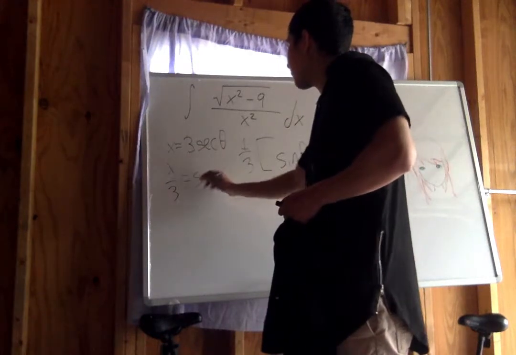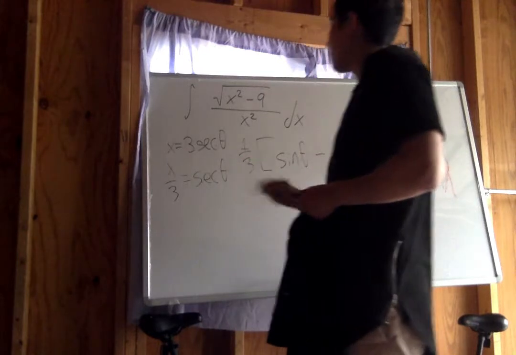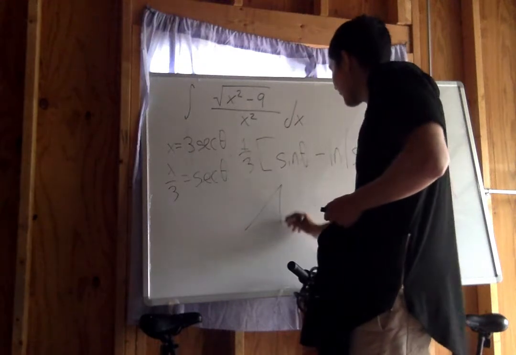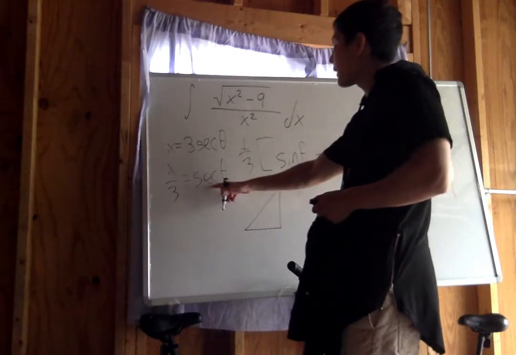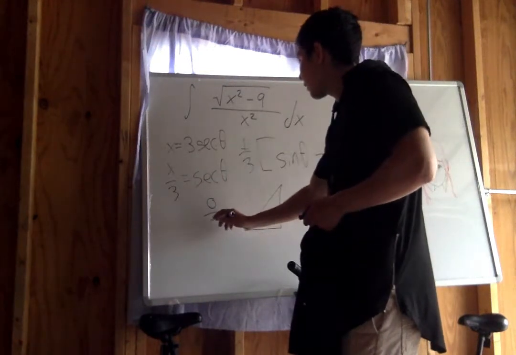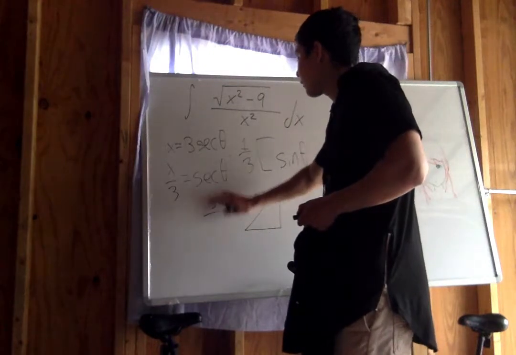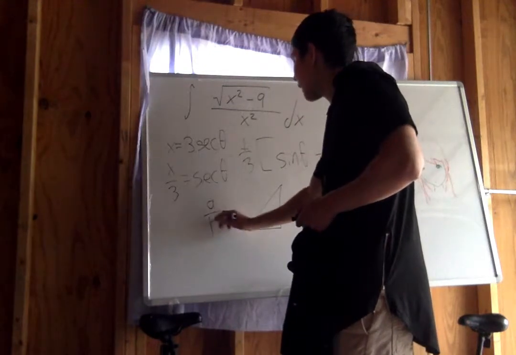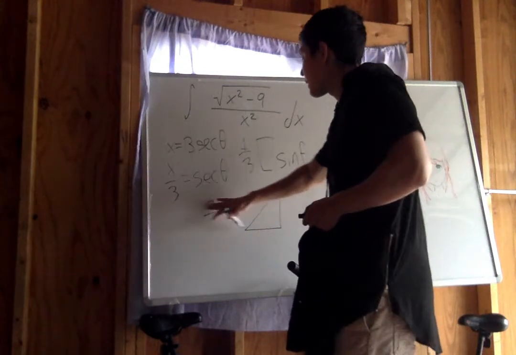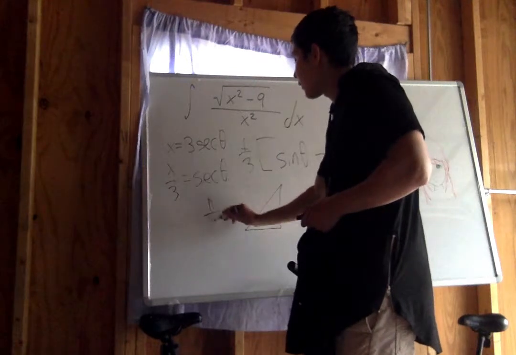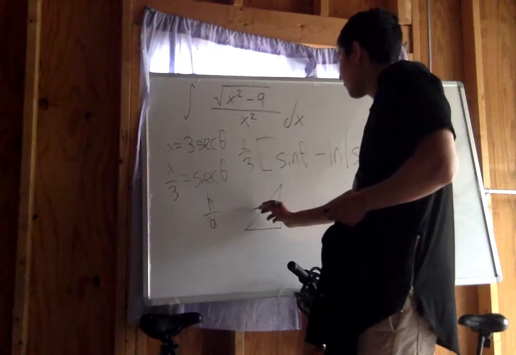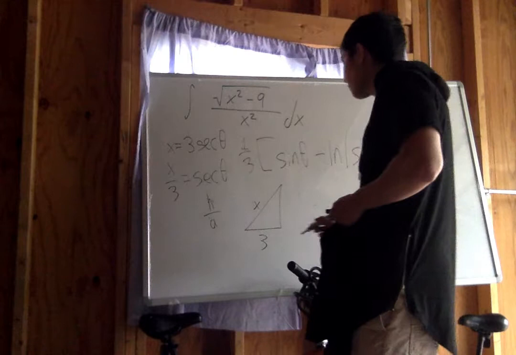We have to use a triangle. Secant of theta, what does this mean? On a triangle, secant is the inverse of cosine. Cosine is adjacent over hypotenuse. So this is the inverse of that, which is hypotenuse over adjacent. So x and 3.